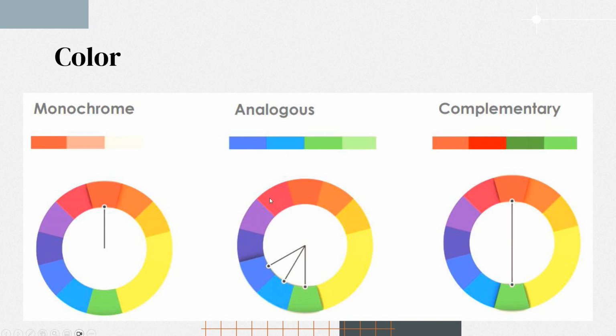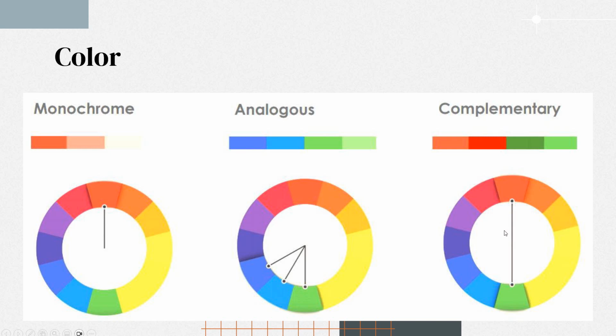Analogous color or analogous relationship means that I have selected three colors that are next to each other on the color wheel. So for example, this green color, then we've got the two colors from the left. I can have any three colors that are set next to each other, and I can call it analogous color.